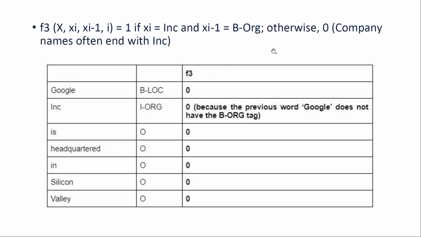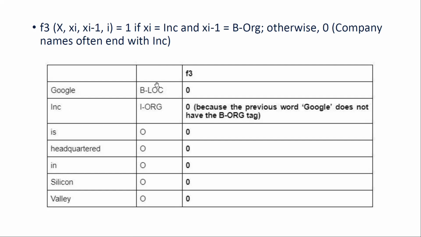The third one is that if we want to look for company names, they often end with incorporation. So depending on that, we will say that all of them will have zero, because the previous word Google does not have the B-org tag. If Google had the B-org tag, then I-org would have had one, right?